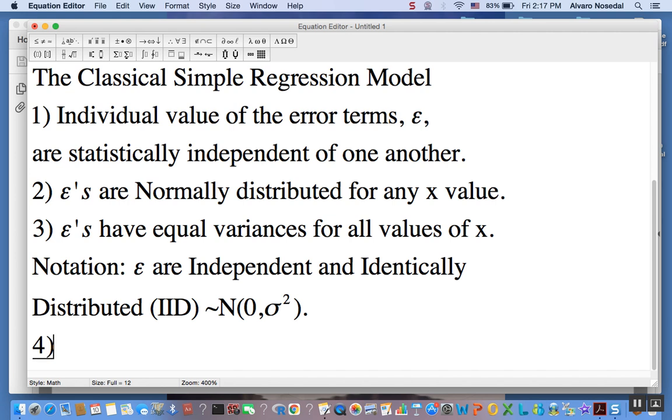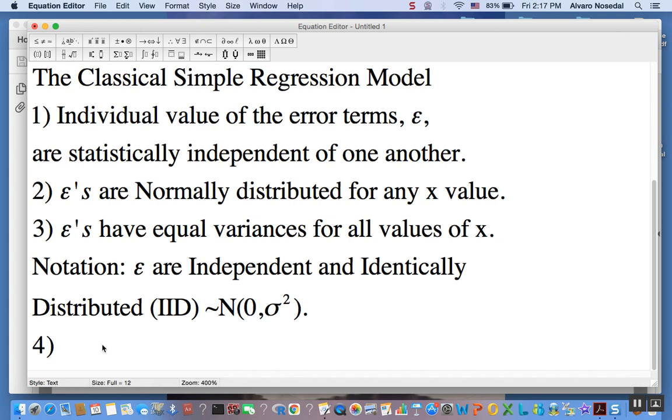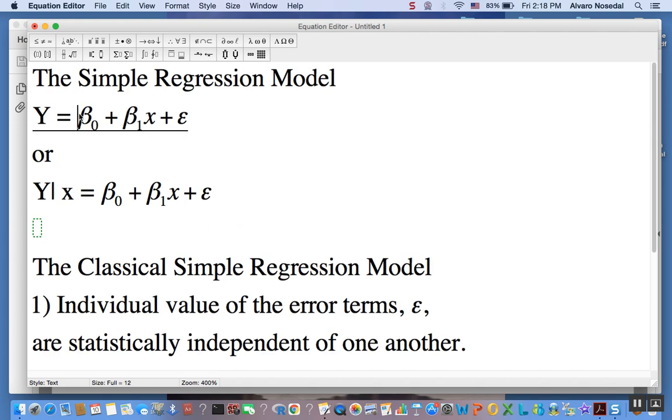If we want to write it in a shorthand notation, and again stress the dependence of the variable y on the value of the predictor, we would say that it's the expected value of y given a particular value for x, and what we said is that it's going to be well represented by a straight line.